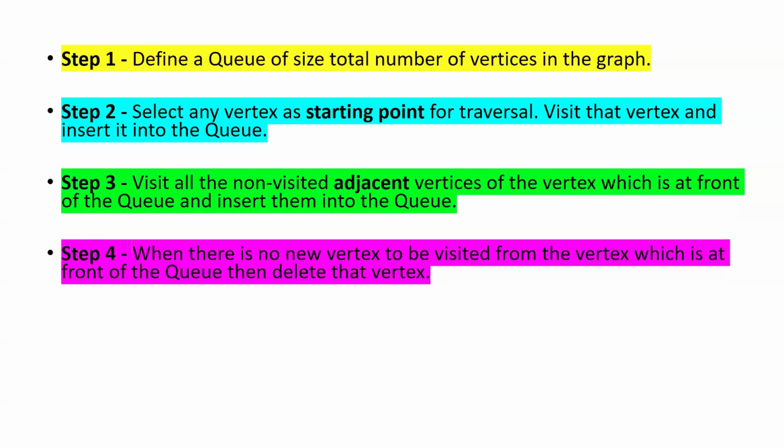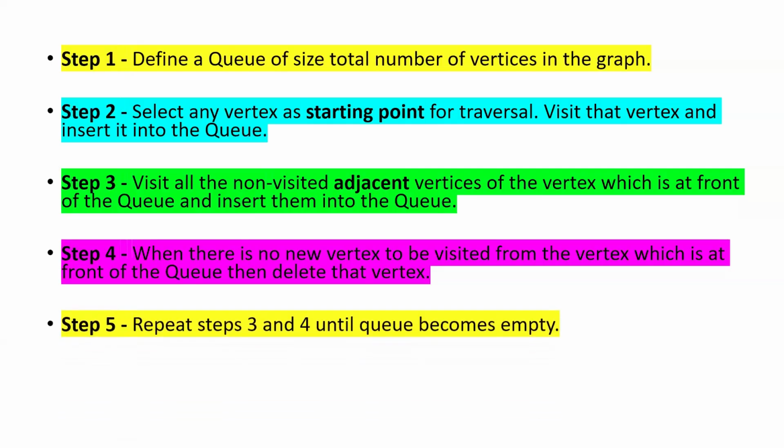Step four: when there is no new vertex to be visited from the vertex at the front of the queue, then delete that vertex. So step four is nothing but, if all the adjacent nodes of the front vertex are visited, remove the vertex from the queue. This means you are done exploring that node, all its neighbors you have already explored.